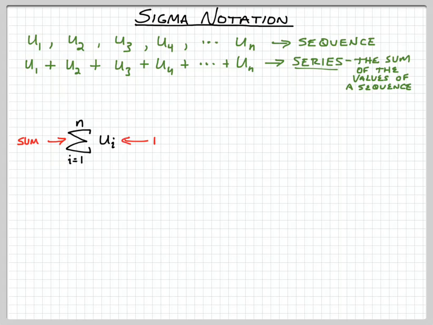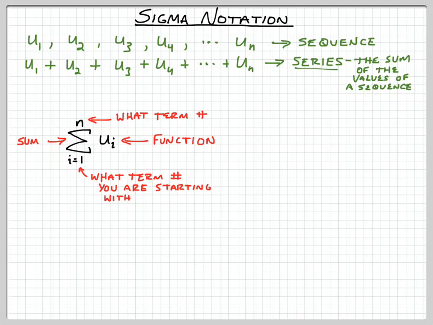The u of i is the function that you're going to use within this series. The i equals 1 is the term number you are starting from when you are adding up the series, and the n is the term number you are adding up to, so how far in the series or sequence you are going.